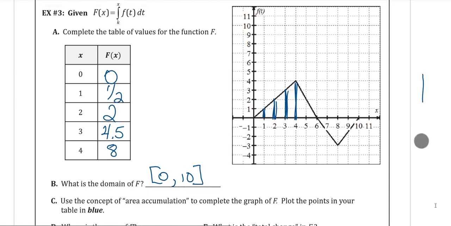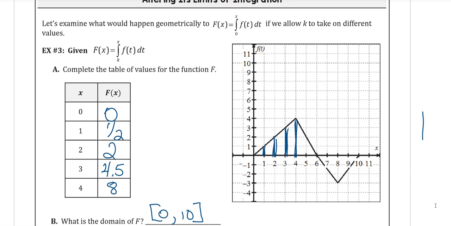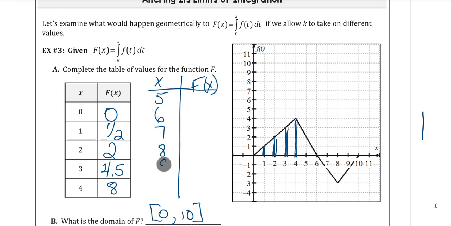Plot the points in your table in blue. Before I plot my points, I'm going to add some points because I only have from the table up to 4. So I'm going to continue this table and do the rest of the areas for 5, 6, 7, 8, 9, and 10.